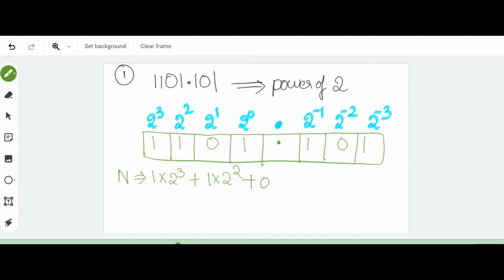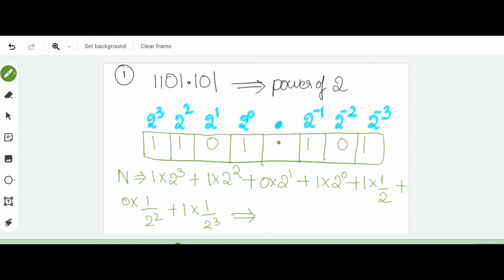That is 0 into 2 power 1 plus 1 into 2 power 0. Here we have the point, remember, but we are not considering it at present. And then 1 into 2 to the power of minus 1, which can be written as 1 by 2, plus 0 into 1 by 2 power 2 plus 1 into 1 by 2 power 3.